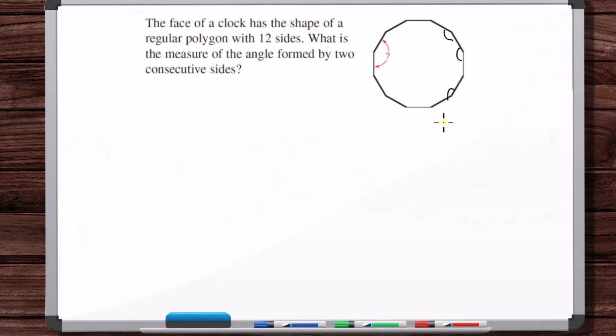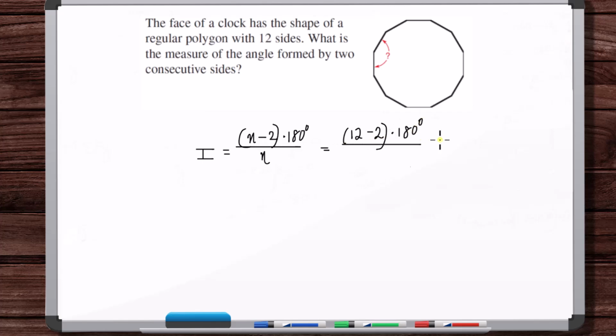So we just need to find the interior angle measure of a regular polygon with 12 sides. Well, we know it's n minus 2 times 180 degrees divided by n. In this case, n is equal to 12.